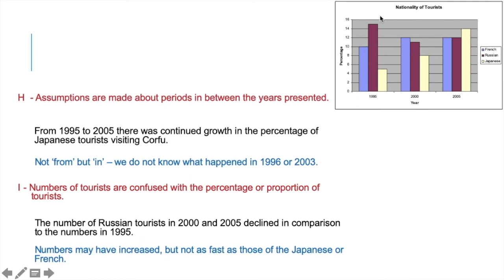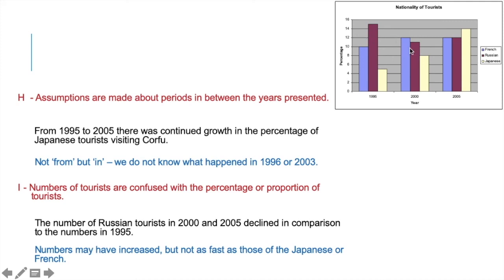And even though this bar chart shows a decline and then a little recovery, it potentially doesn't show a decline in the number of Russian tourists. It only shows a decline in the proportion of Russian tourists as a percentage of the total number of tourists who visited Corfu.